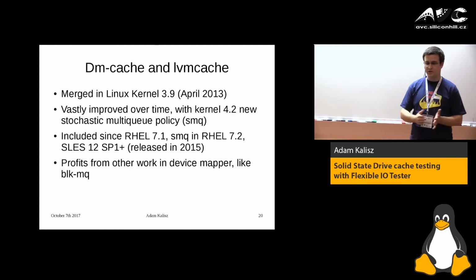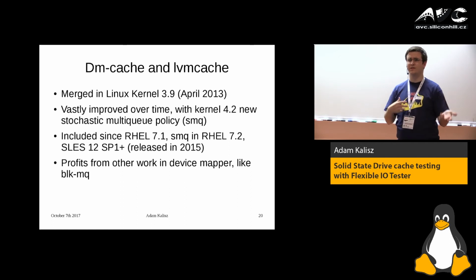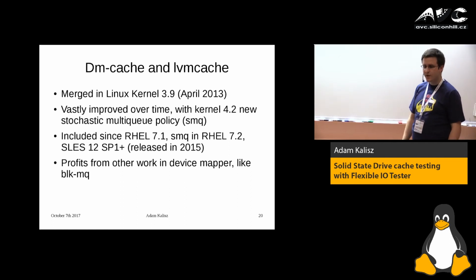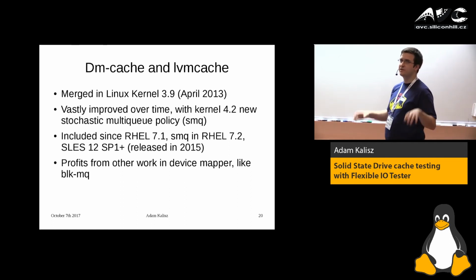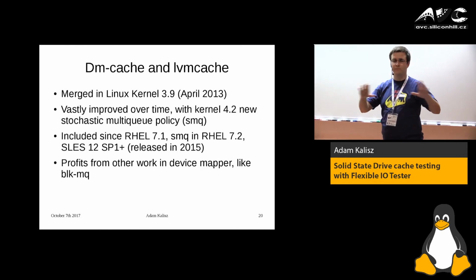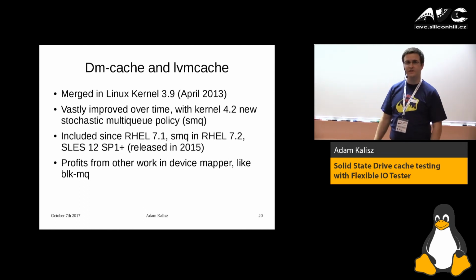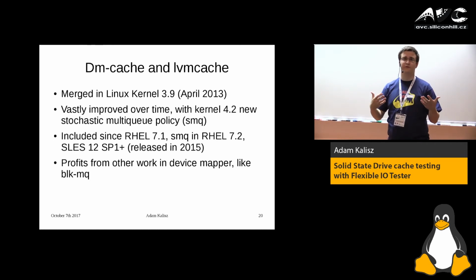Okay, dm-cache and lvmcache, what's the relation there? Device mapper cache is the in-kernel facility for caching. lvmcache is the front end for that. lvmcache really makes it easy to use.